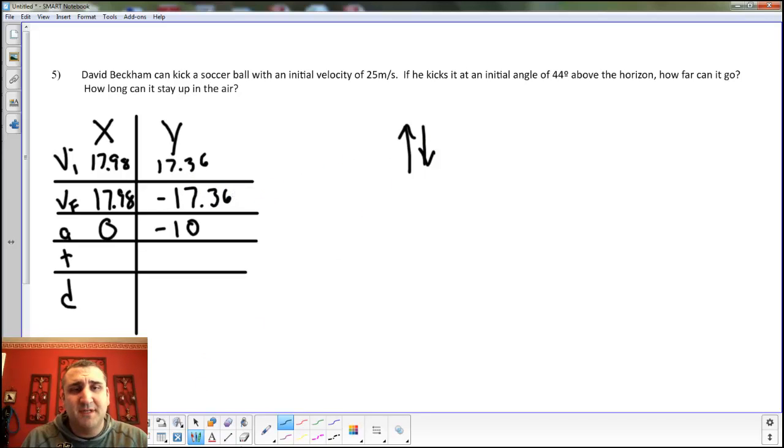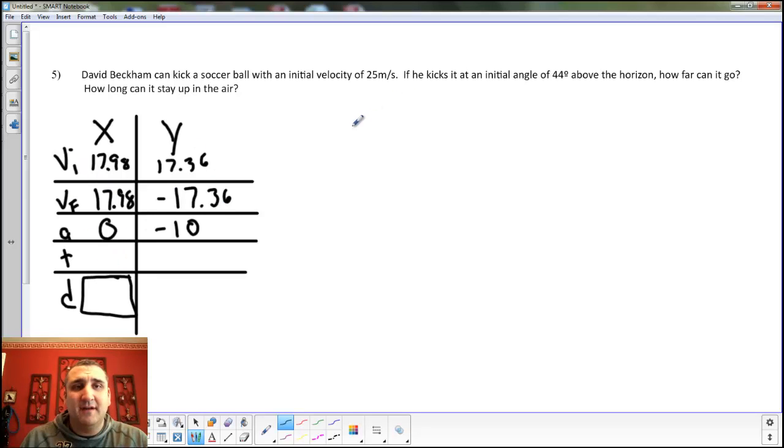If he kicks at an angle of 44 degrees, how far can it go? How long does it stay up in the air? I don't know how far it can go in the x. I guess that's what I want ultimately. But in order to get this, I need a time. I can't really do it with the x stuff, but I can definitely do it with the y. Vf equals Vi plus at.